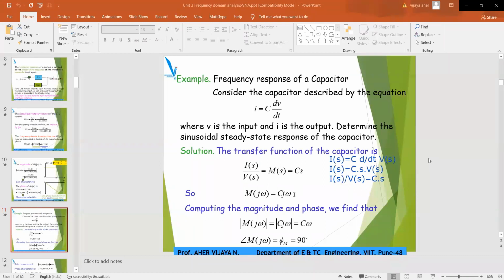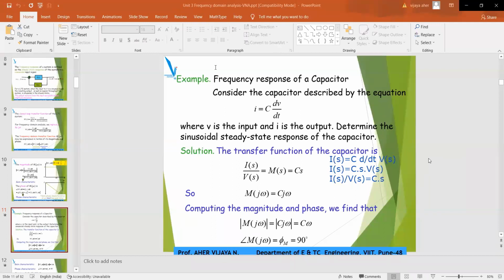This is the equation for the transfer function for capacitor in frequency domain analysis. What you have to do in the next step is find the magnitude and phase for this equation. How to find magnitude? In order to find the magnitude, you have to take the mod of this.